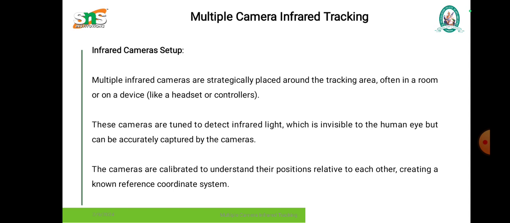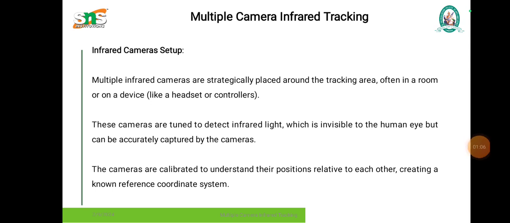So for the camera setup, first we discuss the infrared camera setup. The multiple infrared cameras are strategically placed around the tracking area, often in a room or on a device, like a headset or controllers.